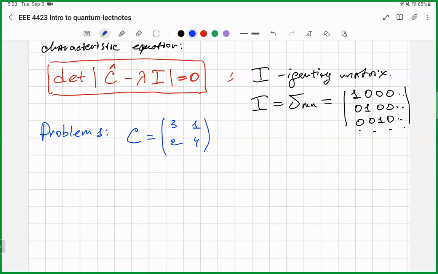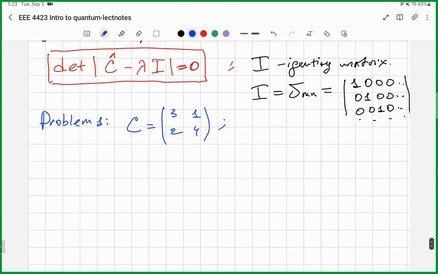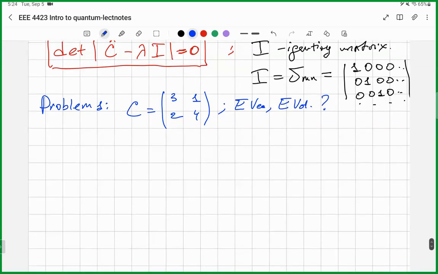A very simple matrix in the two-dimensional space. And the problem is to find the eigenvectors and eigenvalues. Okay.